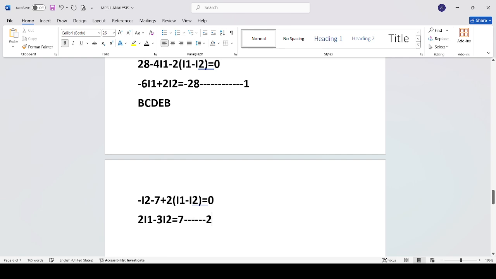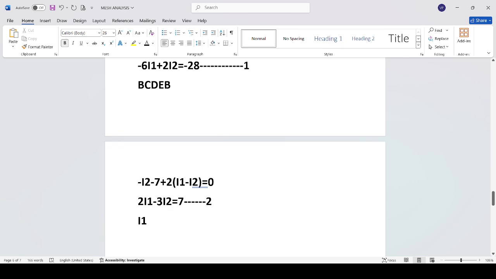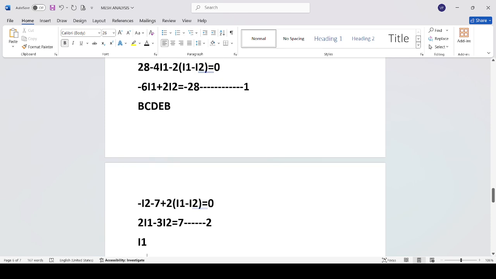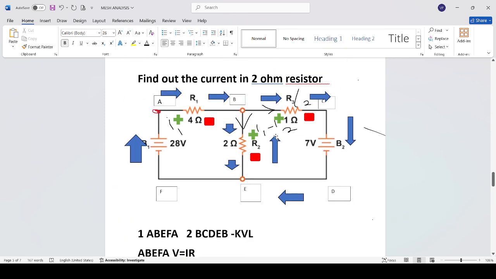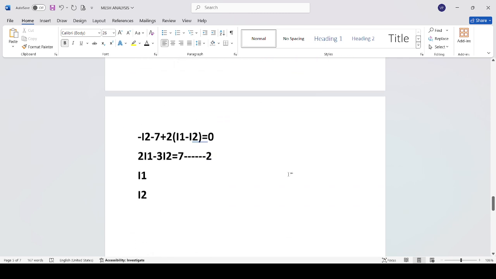This is the second equation. If we solve these two equations, you will get the current I1 and the current I2. Once you have I1 and I2, you can find the current in the 2 ohm resistor, which is I1 minus I2. That is the answer.